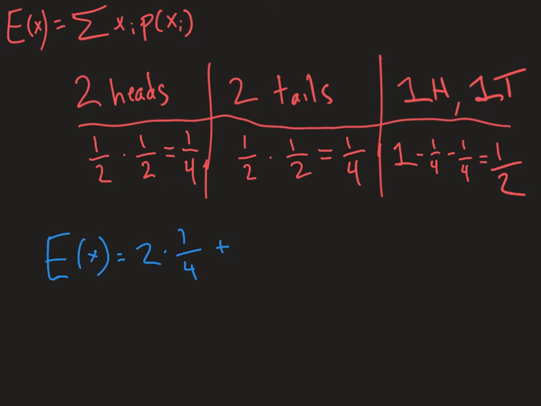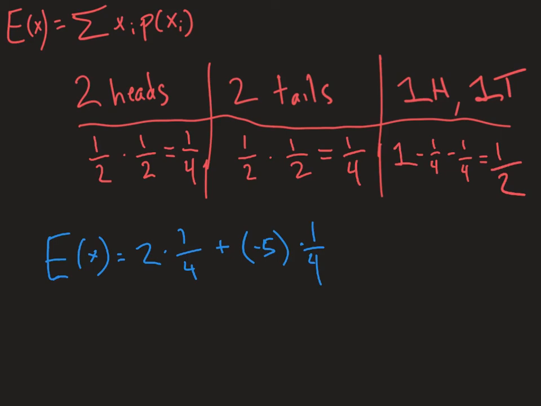For our second term, it says he loses $5 if neither coin is a head. So here he's going to lose $5. So his value is -5, right? We multiply that by the probability of 2 tails, 1/4.